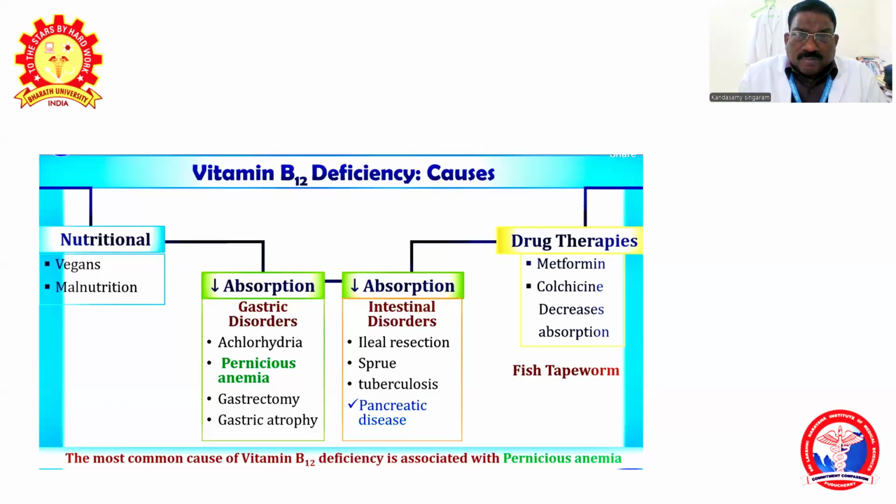The fish tapeworm also causes vitamin B12 deficiency in the intestine. So the causes of vitamin B12 deficiency we can discuss under 4 or 5 headlines: nutritional, decreased absorption due to gastric disorder, decreased absorption due to intestinal disorder, drug therapy, and then fish tapeworm.